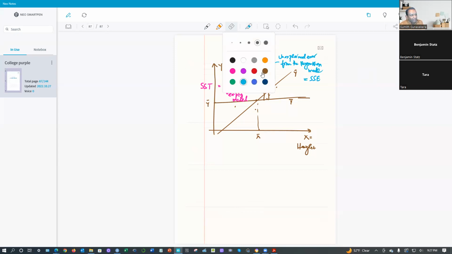And we have another one. See, explained error. That one is the error explained by the regression model. That one I'm going to call sum of square regression, SSR.